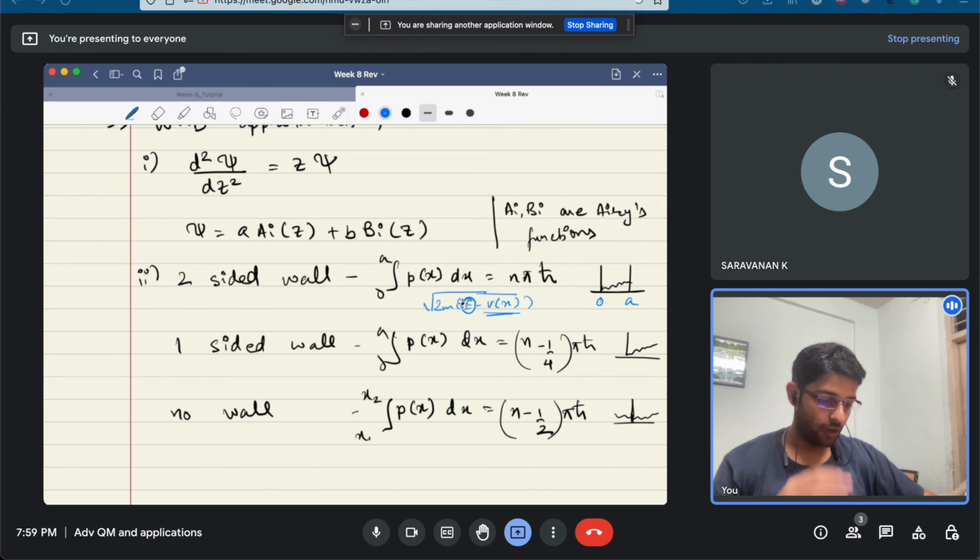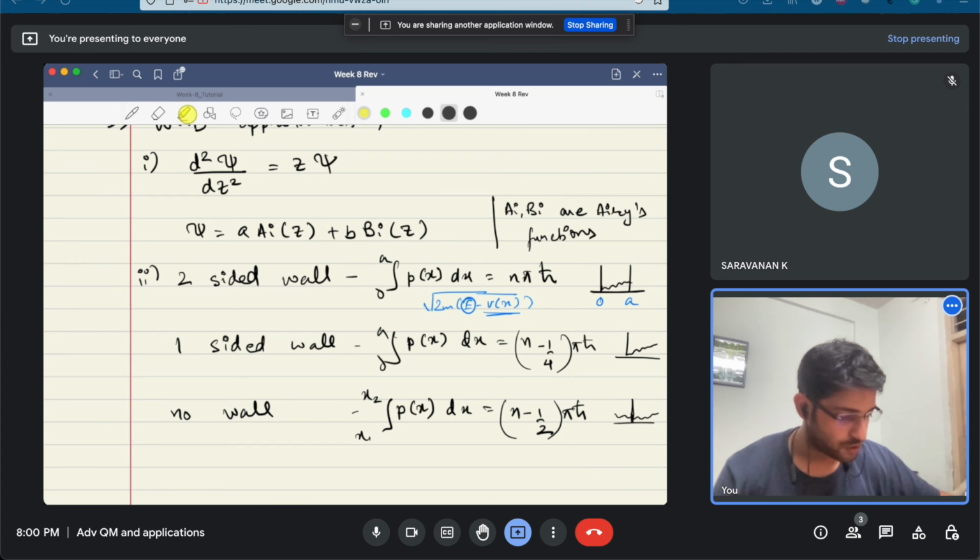So you just have to categorize the problem based on the number of walls it has. If it has a two-sided wall, like in this case, then you have to use n pi h bar. If you have a one-sided wall, then you have (n minus 1/4) pi h bar, and if there are no walls, then I'll just draw it this way, it was actually an axis.